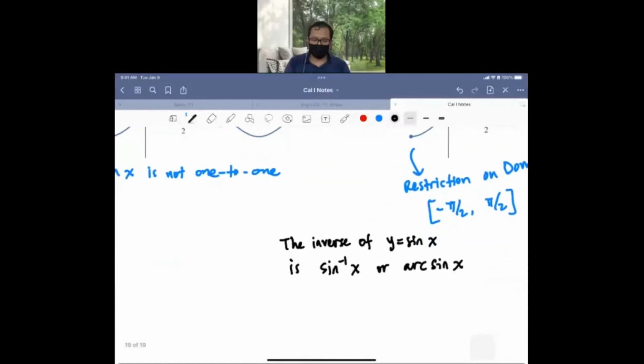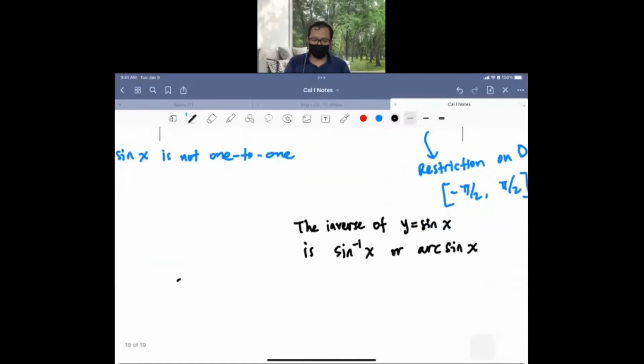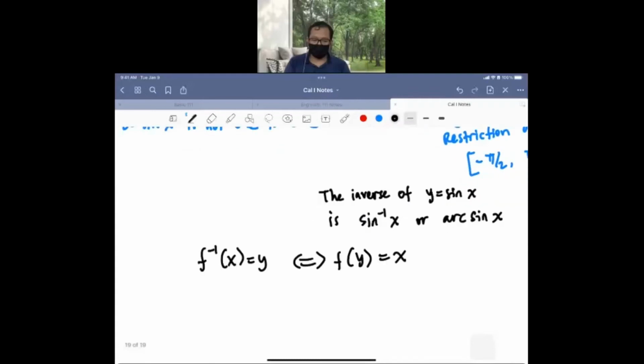Okay, now from the definition of the inverse, if we have sine inverse x equal y, so this should be sine y equal x.